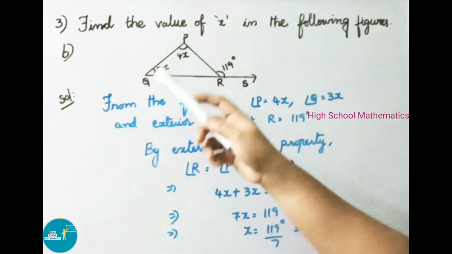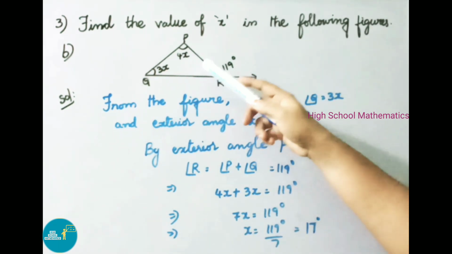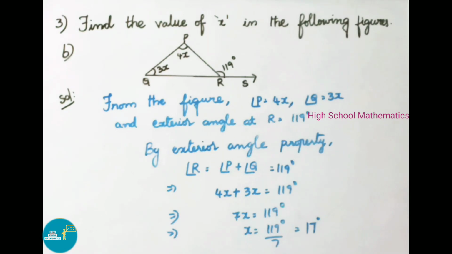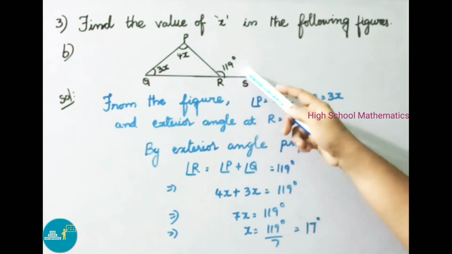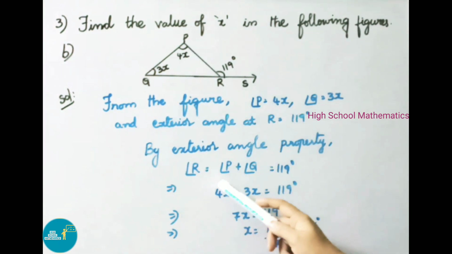See now third question B sum. From the figure, angle P is equal to 4x, angle Q equals 3x and the exterior angle is at R, that is 119 degrees. By the exterior angle property, we know that the exterior angle of a triangle is equal to the sum of its interior opposite angles. By that, angle R is equal to angle P plus angle Q. Angle R means 119 degrees.